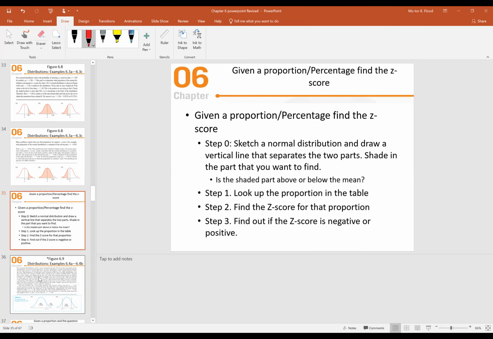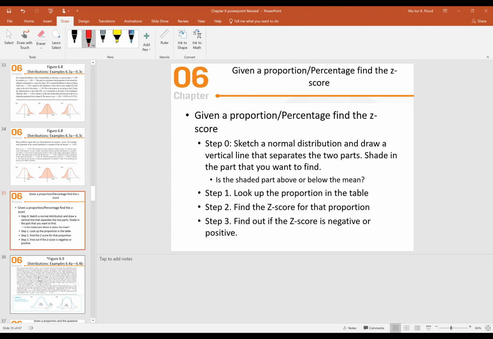In this one, the first step is essentially the same. We're going to sketch the normal distribution and draw a vertical line that separates the two parts. Then we shade in the part that we want to find, and ask ourselves, is the shaded part below the mean or above the mean?